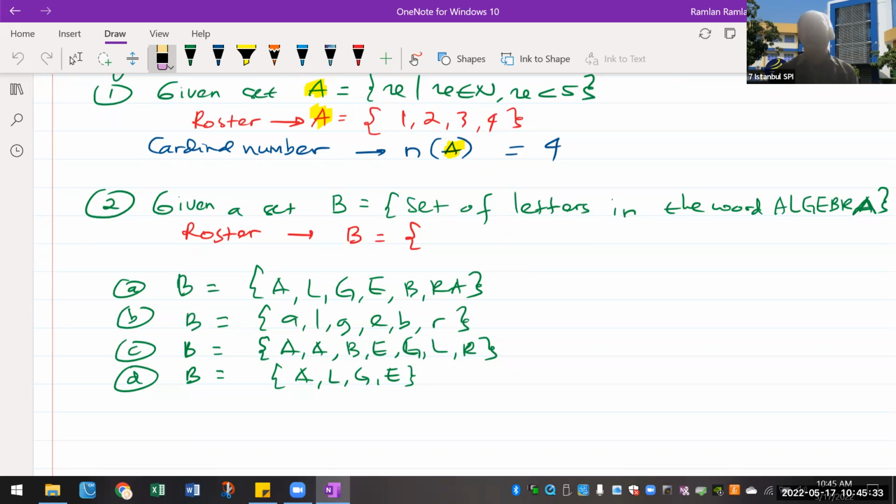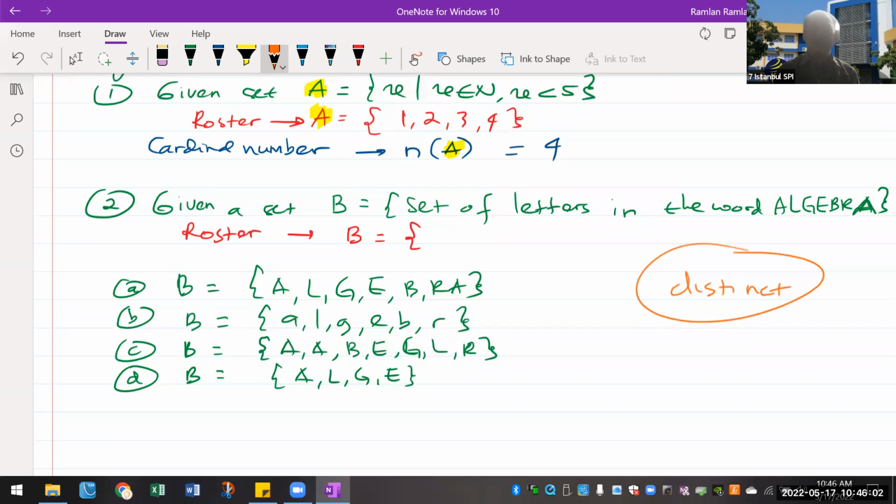Okay, so again, guys, when we're talking about set, the elements need to be distinct. Remember what distinct is? Distinct means different. So when you have the same elements, you don't have to write it down more than once. Just write it once.